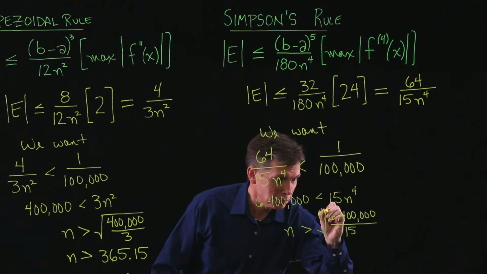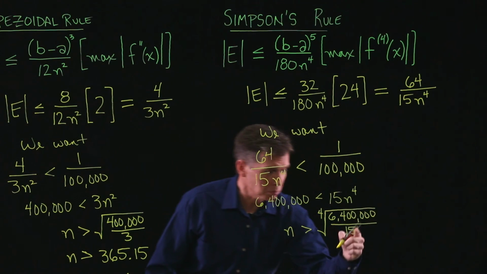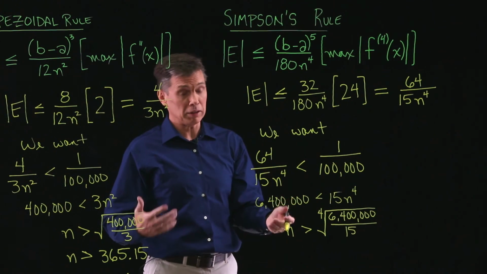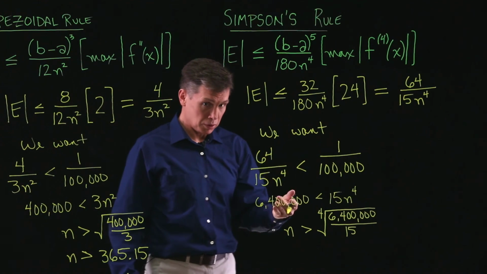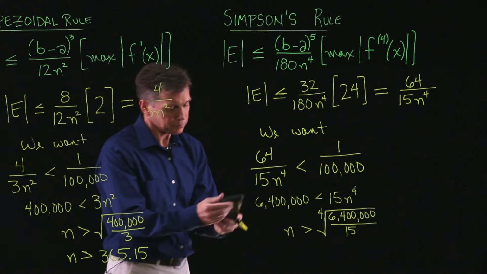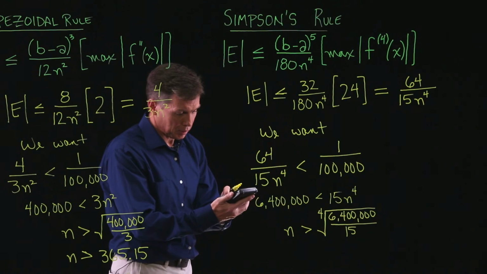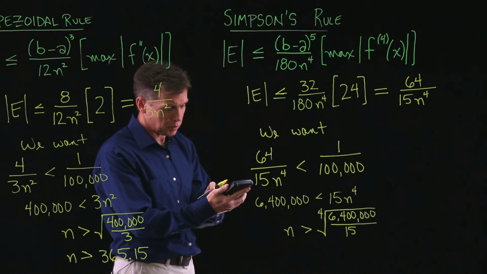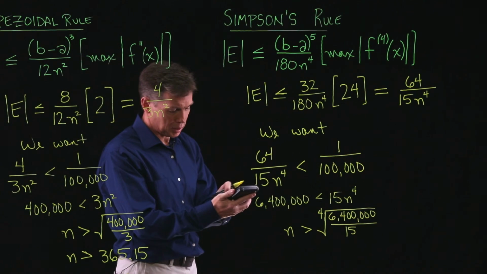And heck, I'm not going to tax my brain right now, even trying to simplify with a 5 in the 15 and a 5 in the other number. I got to go to a calculator, especially because of that 4th root. So let's grab a calculator and do a 4th root of 6,400,000 divided by 15.